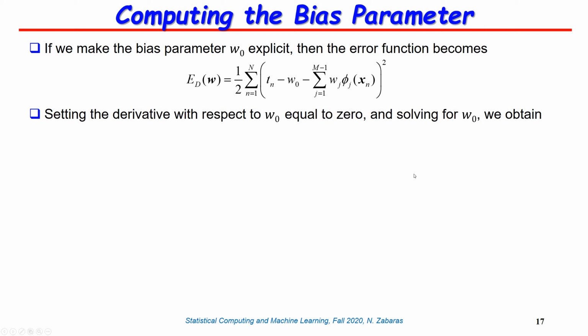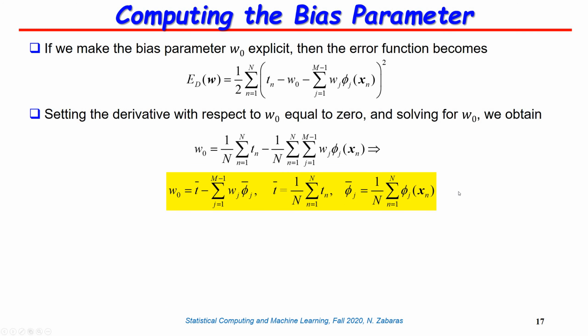If you take derivatives with respect to W0, it's a straightforward process, and you rearrange your equation and define a few new quantities, it turns out that W0 is T bar minus the summation of Wj times phi bar j. So what is T bar? You can see from here it is the average of your target values, right? This is the average of your target values.